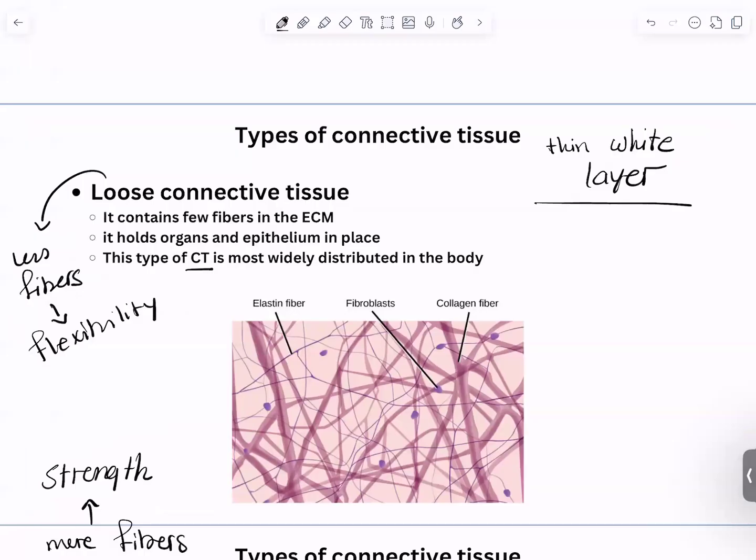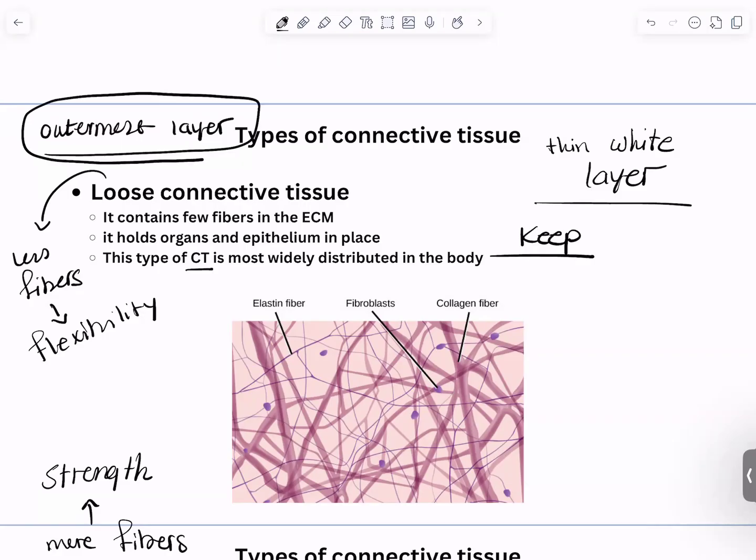Loose connective tissue is very thin, and it's responsible for keeping the organs next to each other. So the outermost layer, this is very important. The outermost layer of most of the organs has loose connective tissue. Why? Imagine that this is your muscle, okay?